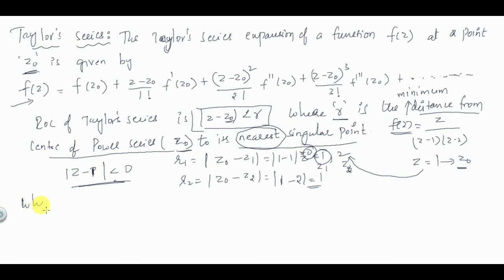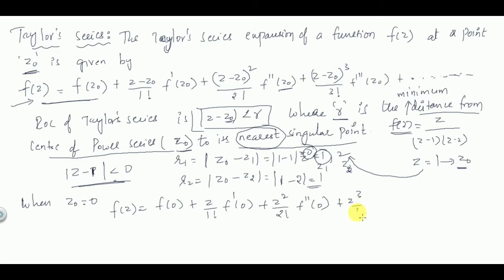So when z0 is equal to 0, what will happen to the Taylor series of f of z? This equation reduces to f of z is equal to f of 0 plus z by 1 factorial into f dash of 0 plus z square by 2 factorial into f double dash of 0, because z0 is equal to 0, plus z cube by 3 factorial into f triple dash of 0, plus so on up to infinite terms.